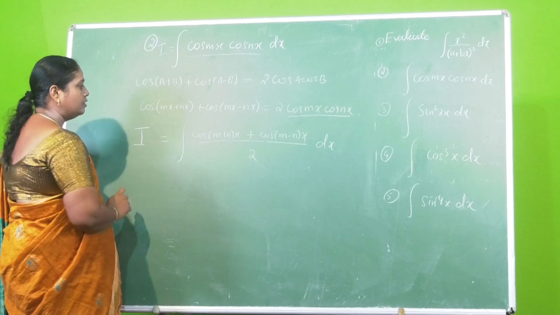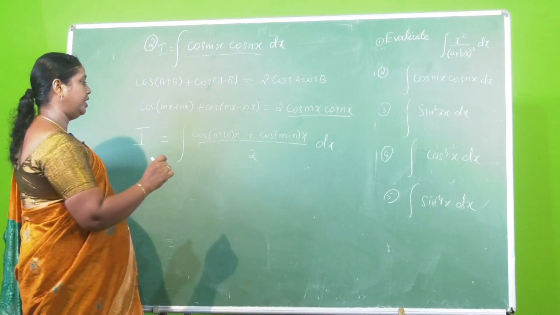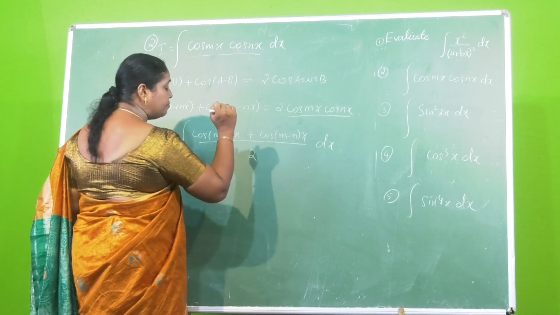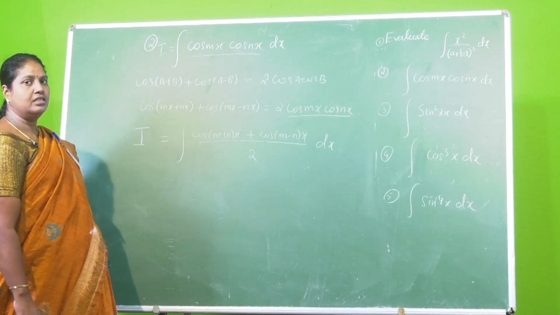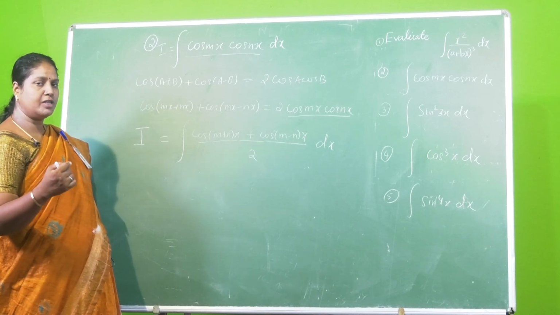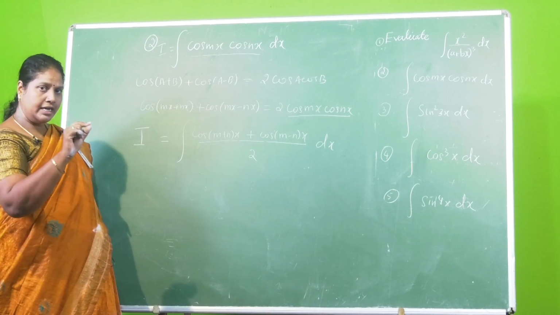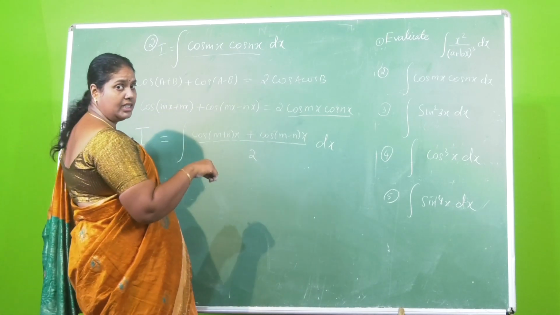Now before doing the integration, we have to be careful about the constant of the type m minus n. Because as I said at the starting point, the integral of cos of ax plus b dx will be sin of ax plus b divided by a. The coefficient of x will appear in the denominator.